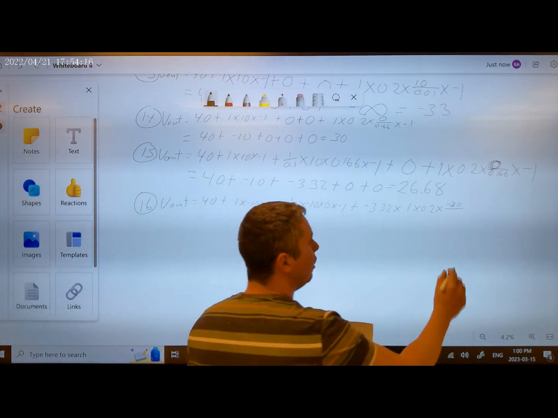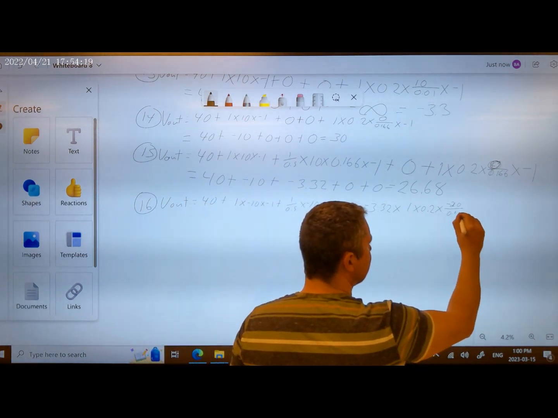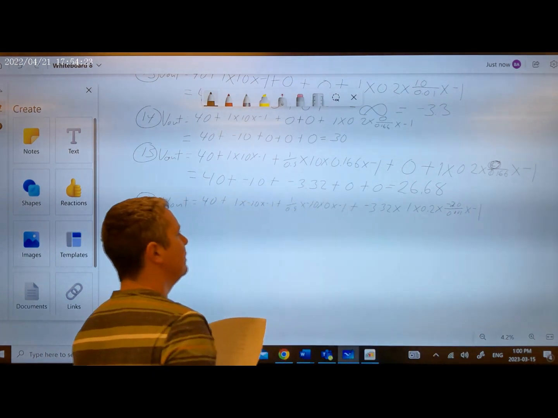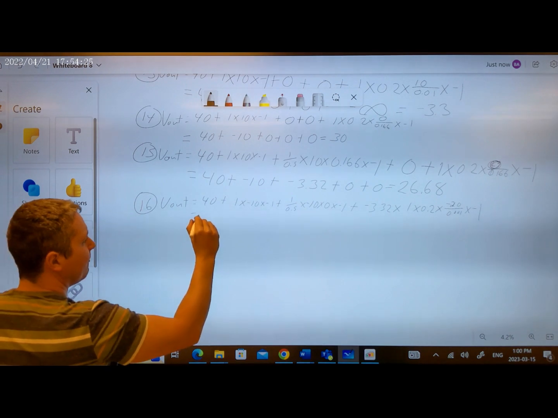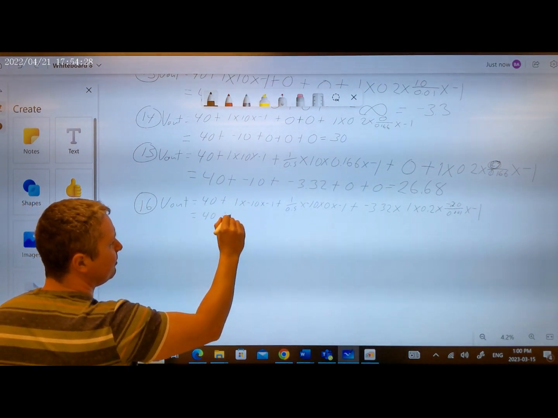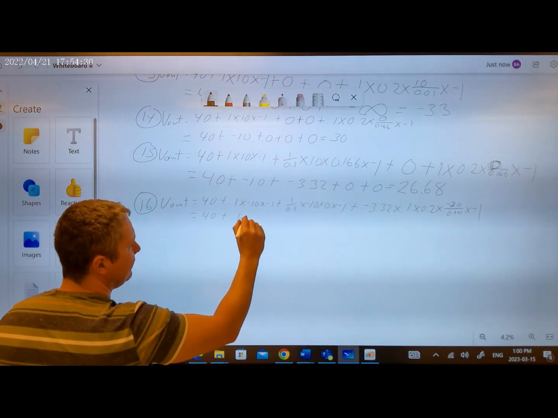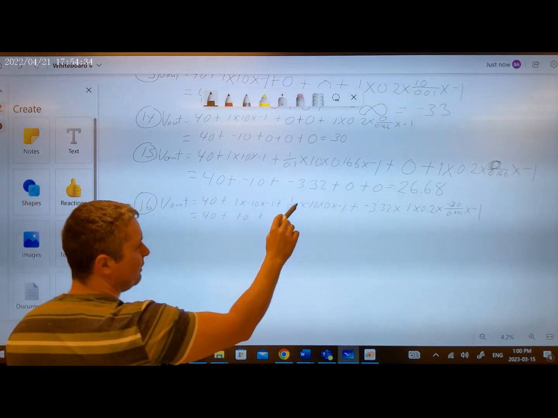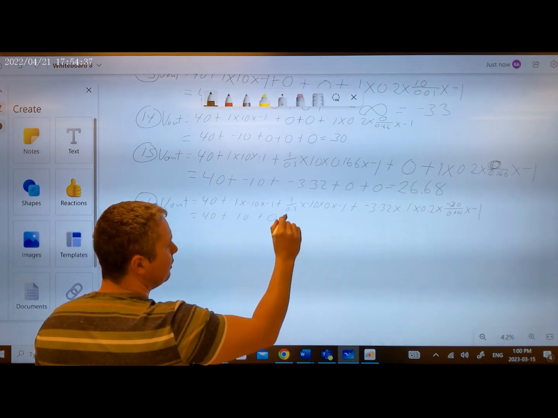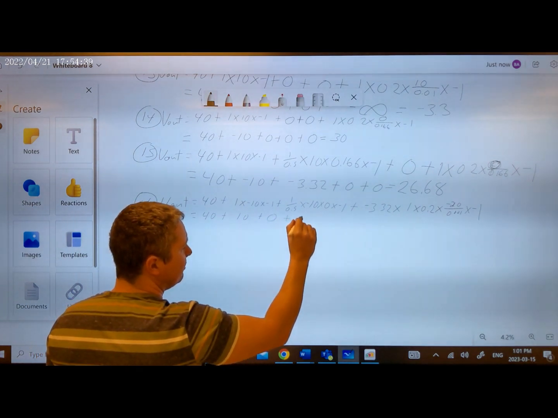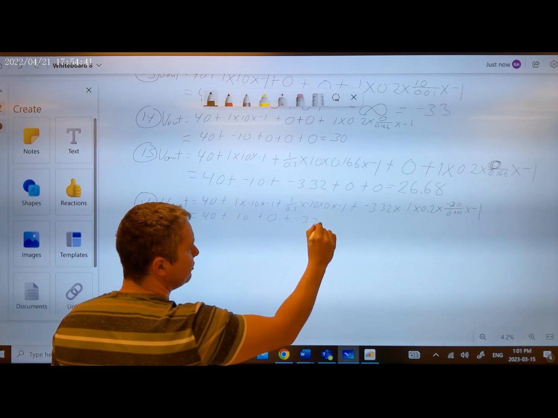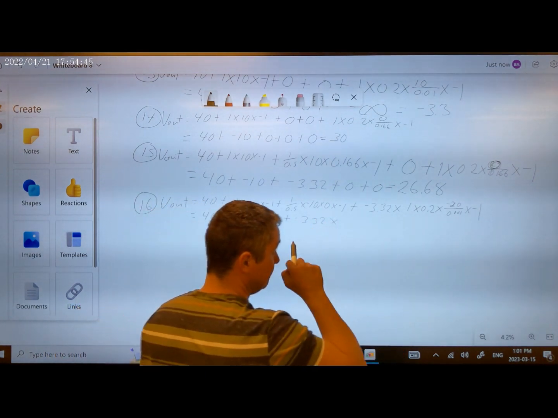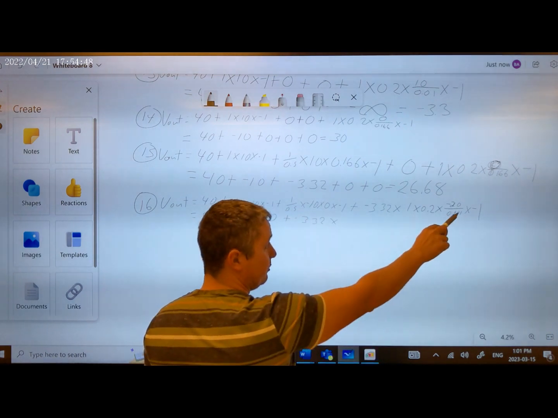We went negative 20 over 0.001 seconds times minus 1. So we have a bias of 40 plus our proportional of 10 plus our integral of 0 plus our old integral, or accumulated integral, of minus 3.32 plus our derivative. Now you can see that we have 20 over 0.001.